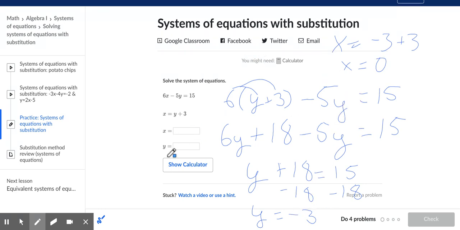If you're doing it in Khan Academy, you just put x here and y here. But on, say, a test or a worksheet, you would put it as a coordinate pair. So 0, negative 3. Remember, in a coordinate pair, it's always x, then y. So this would be how you would write your solution, 0, negative 3.